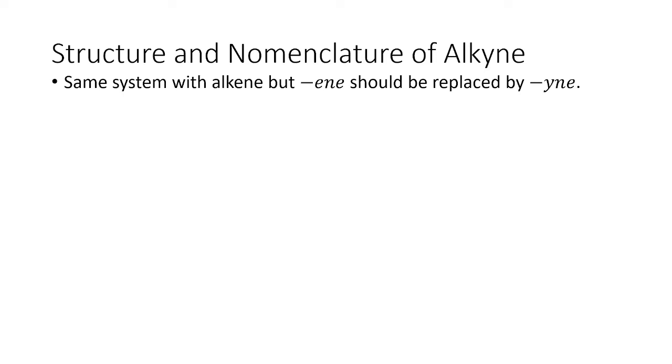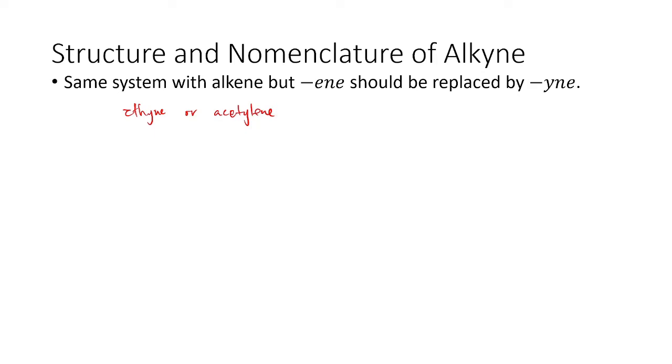Since alkynes are characterized by a triple bond, the smallest organic compound, the smallest alkyne, will be what we call ethyne, also known by its common name, acetylene. Some of you may have heard of this acetylene.